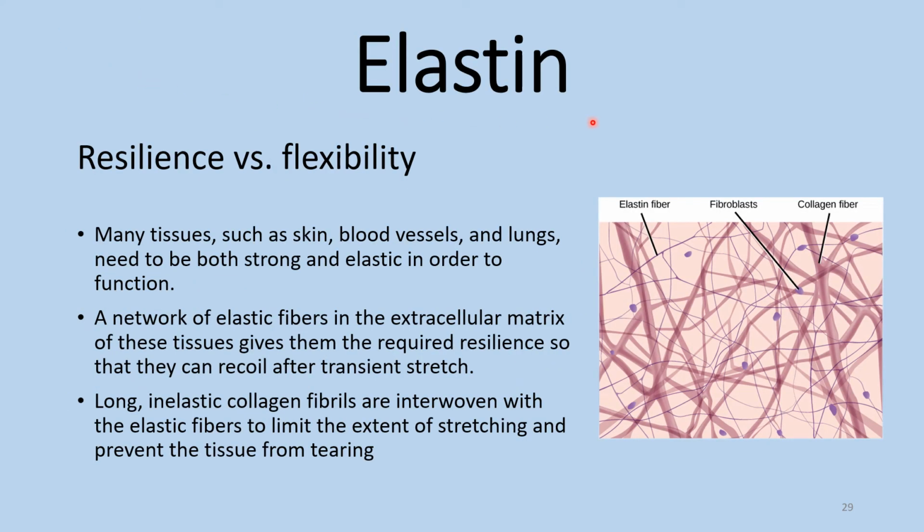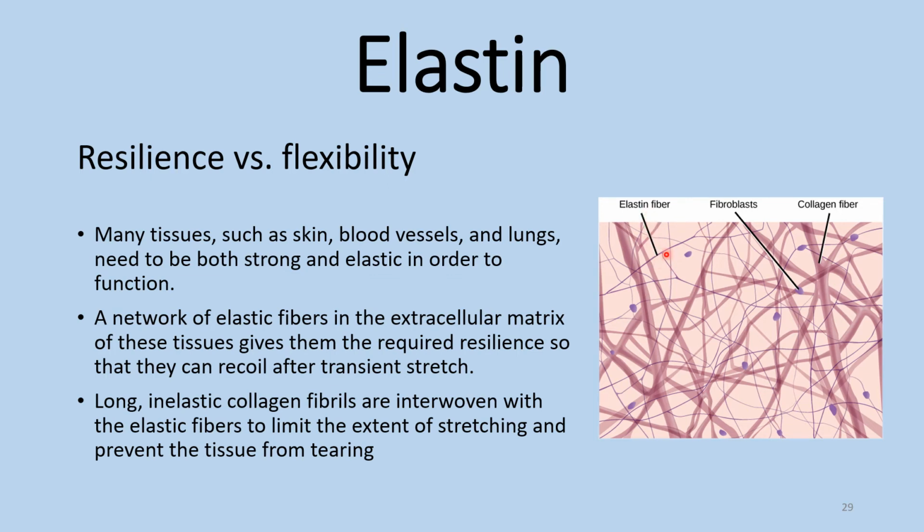Before starting the elastin, the second most important fibrous protein, I'll try to give you some understanding about resilience and flexibility. In the connective tissue, the fibroblast cells synthesize and secrete collagen fibers and elastin fibers. Elastin fibers give the elasticity.